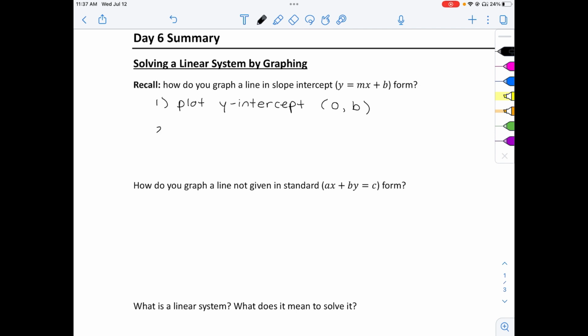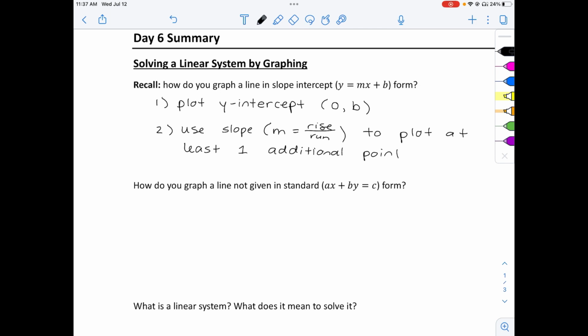And then the second step is to use the slope, which is the m value, and it's equal to the rise over the run, to plot at least one more point. And then you can connect them.